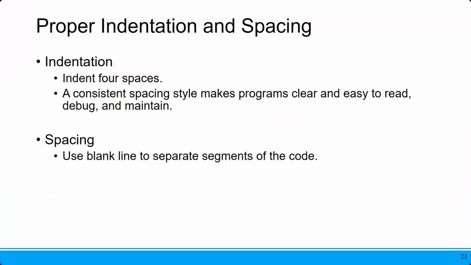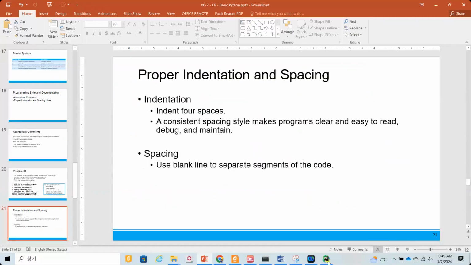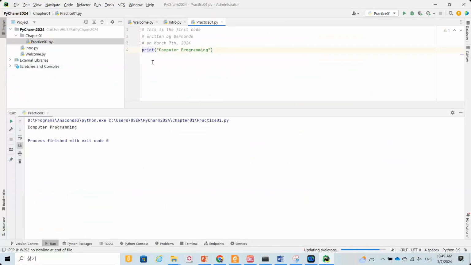Indentation, I think you already know from before. I explained that if you have one space, it is an error. But the proper indentation should be 0, and then the next indentation should be 4 spaces. If I show you, if it is 1, then it is an error.